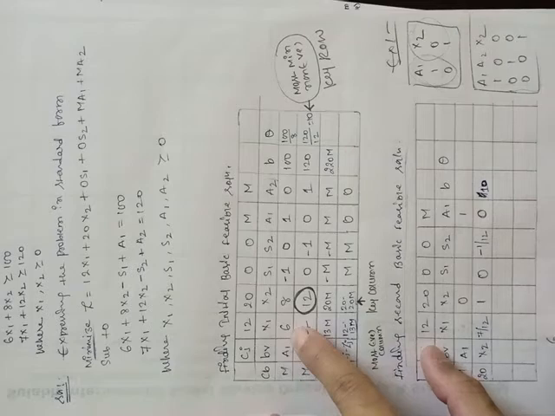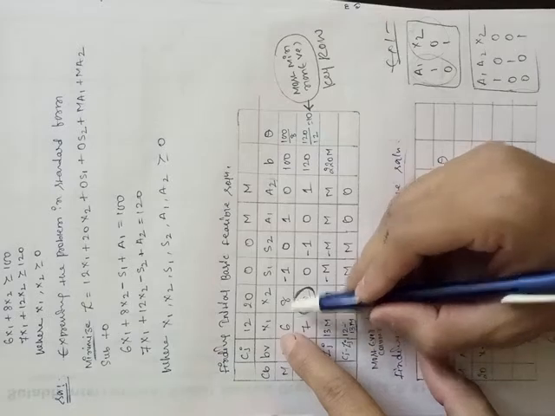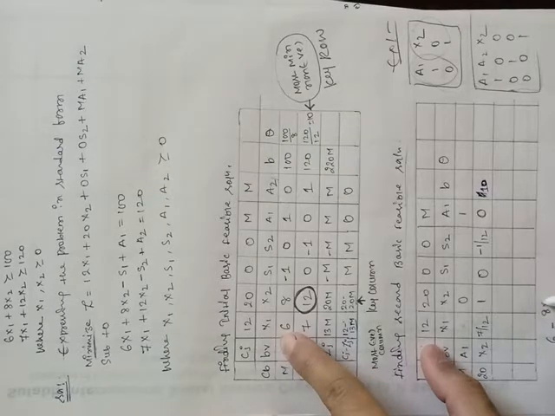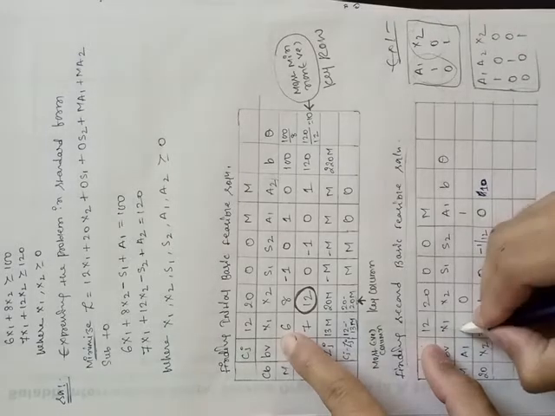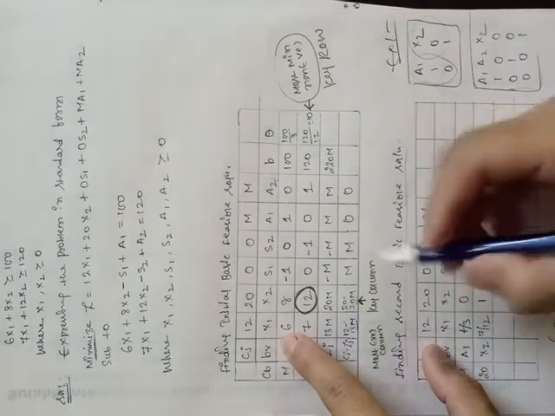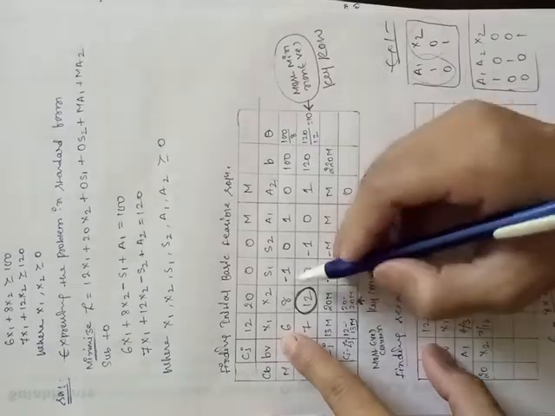So 6 minus corresponding row into corresponding column, 8 into 7 divided by the key element, that is 12. The answer is 4 by 3. So write down here 4 by 3. Even if you do this for the next, you get the value 0.